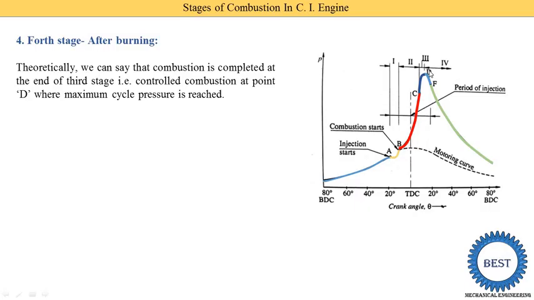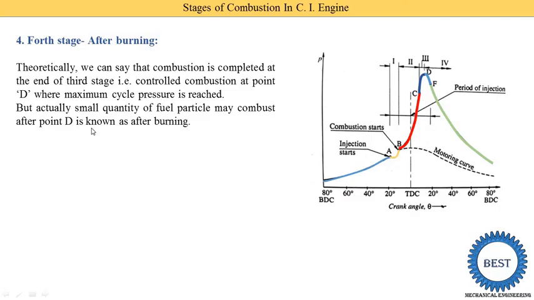But if combustion continues after point D, it is known as afterburning, meaning combustion of the fuel after the controlled combustion. Actually, a small quantity of fuel particles may combust after this point, which is known as afterburning.